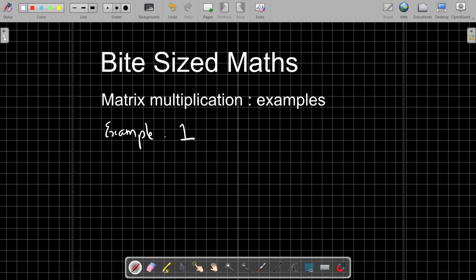Example number 1. Let's say our matrix A is 0, 1, 2, 1, 2, 3, and 2, 3, 4.